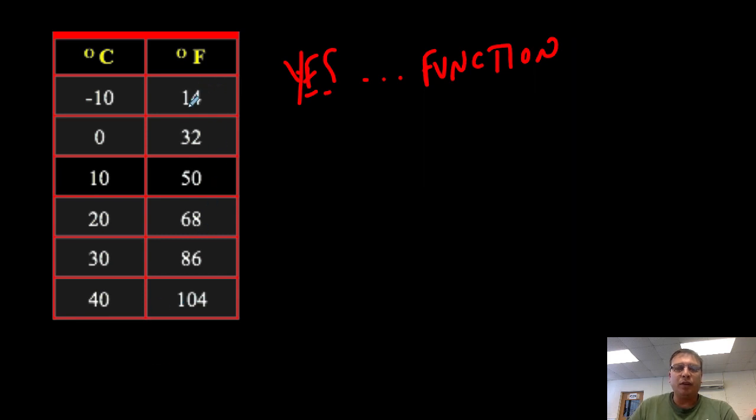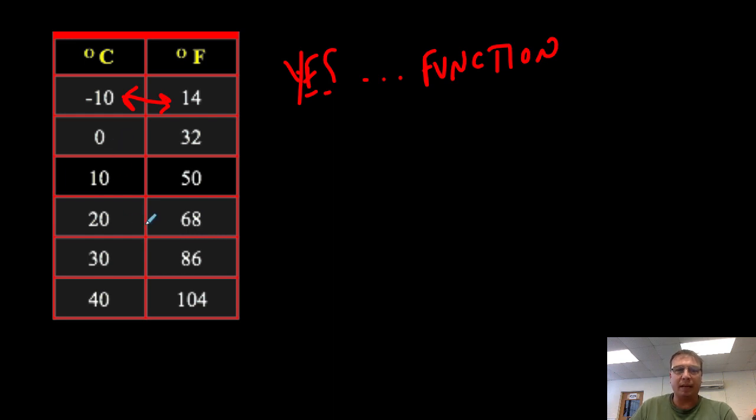Now, to be one-to-one, that means that I should only have one number here, like 14 can only pair with negative 10. If I move this way to go from Celsius to Fahrenheit, then I've got to be able to do the exact same thing to go from Fahrenheit to Celsius. So negative 10 is paired with 14, and 14 is only paired with negative 10. 0 with 32, 32 is only with 0.